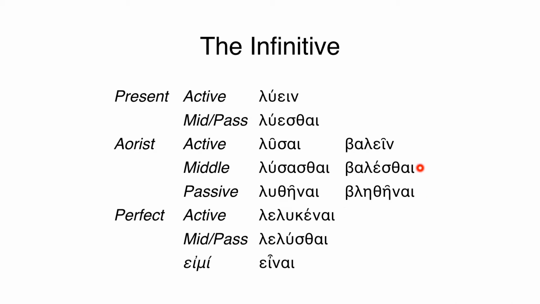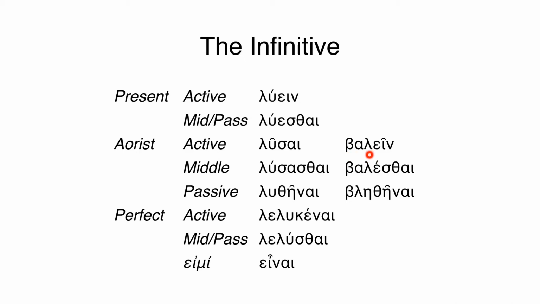Now these forms next to these represent second aorist forms. The second aorist, as you will recall, is formed by the aorist stem, but with present infinitive endings. So ballo with two lambdas is the present stem for this verb.